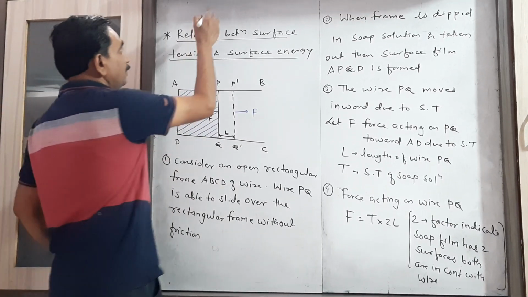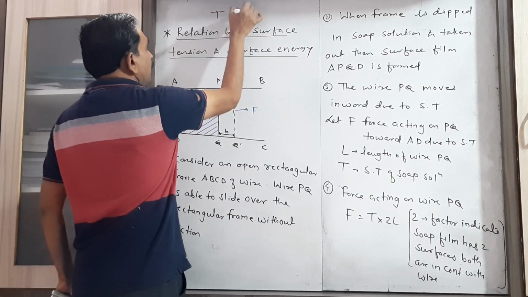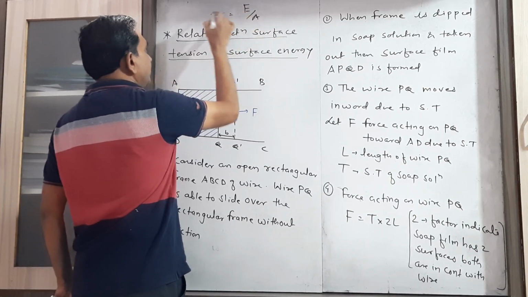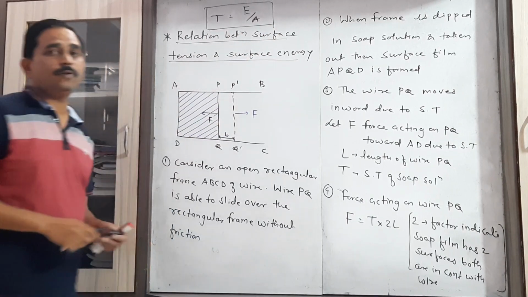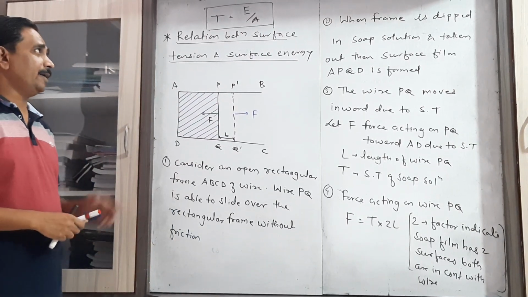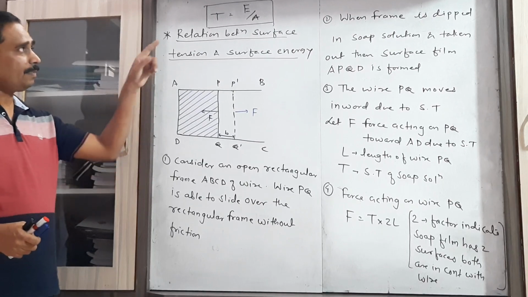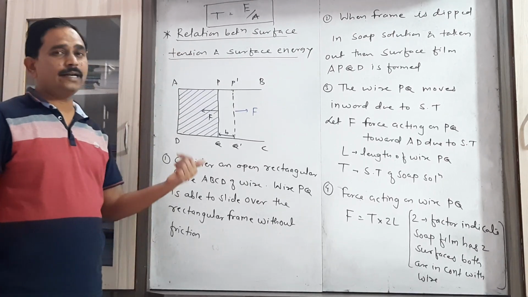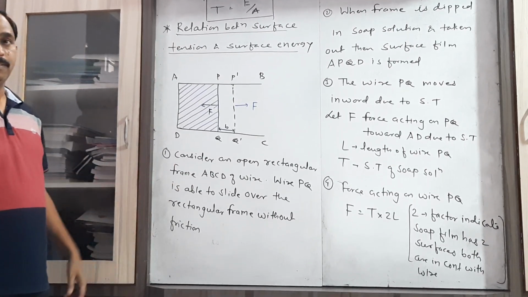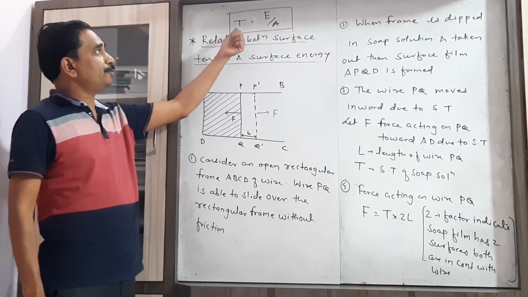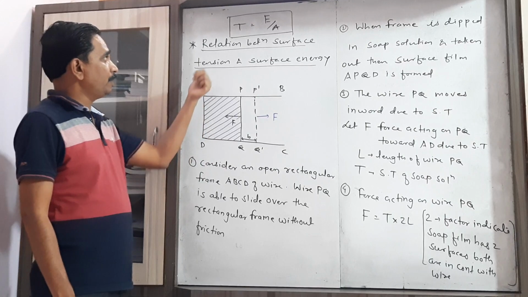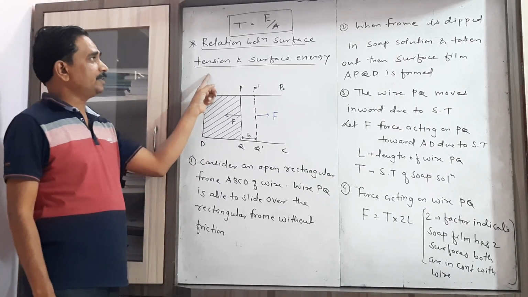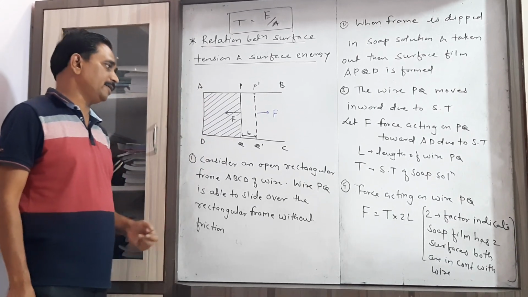Then we had seen one relation as a definition of surface tension, that is T equal to E by A, where T is the surface tension, E is the surface energy and A is the area. Now here we have to obtain this relation T equal to E by A, which is known as the relation between surface tension and surface energy.